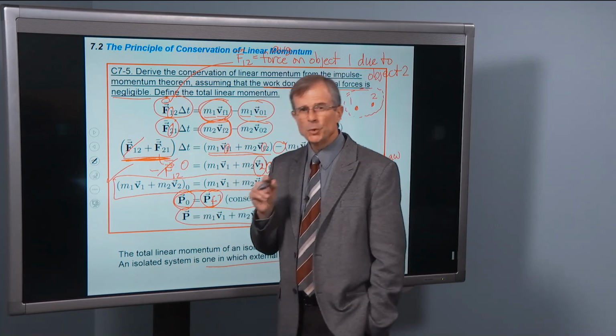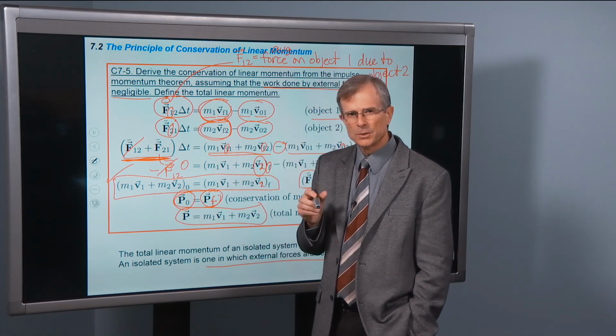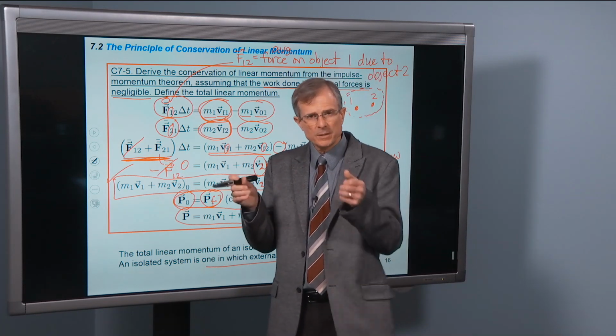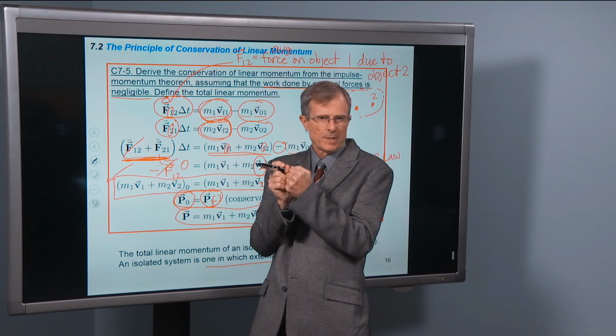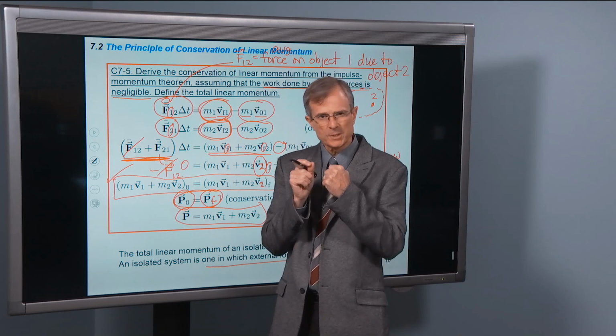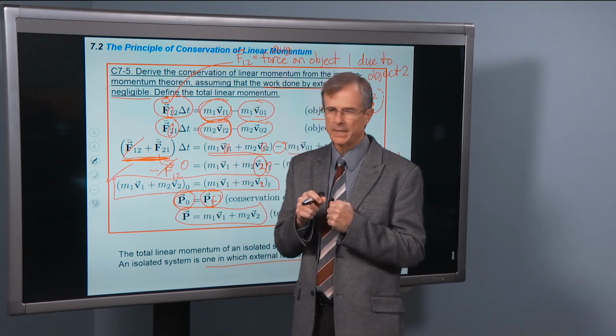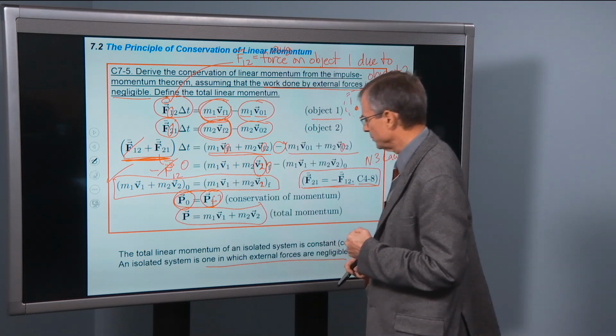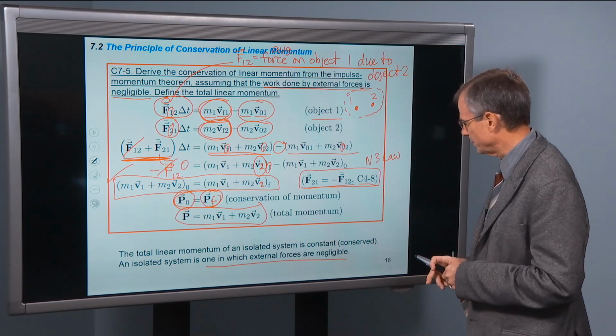And we assumed that net average force was equal only to the internal force of collision. We didn't include any external forces like gravity or normal force or anything like that. So that's where we assumed that those external forces would be negligible. The work done by external forces is negligible.